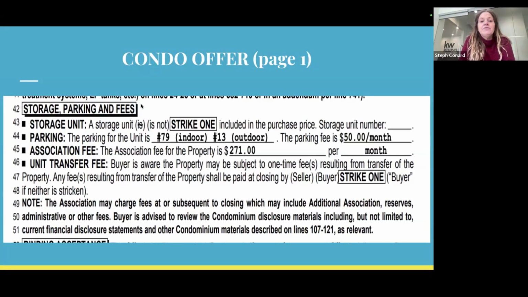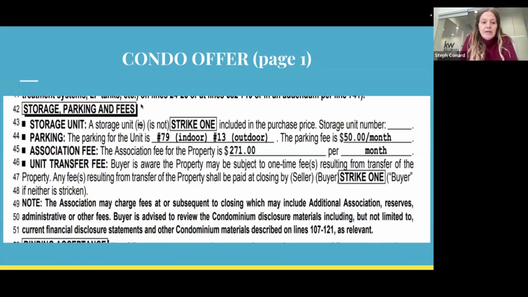The unit transfer fee. So this is kind of a buyer beware statement. Buyer is aware that the property may be subject to a one-time fee resulting from the transfer of the property. Any fees resulting from the transfer of the property shall be paid at closing by, and it defaults to buyer. But if this is something that you want to make a negotiation point of, then you could strike buyer and indicate that the seller is going to pay for it at closing.